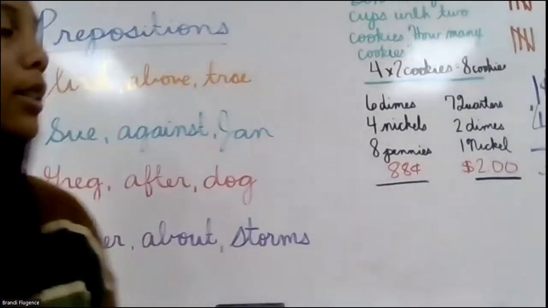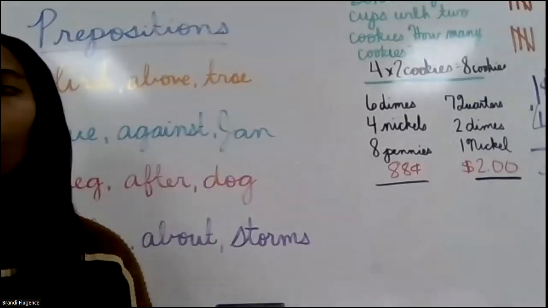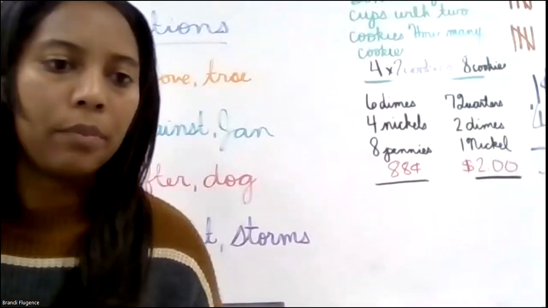All right, let's hear your sentences. So we have bird, above, and tree. What you got?